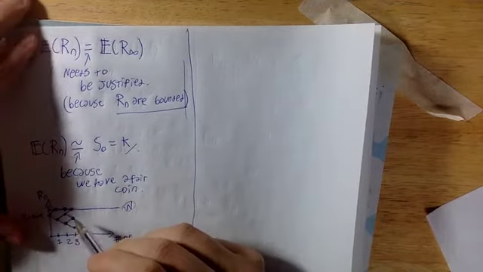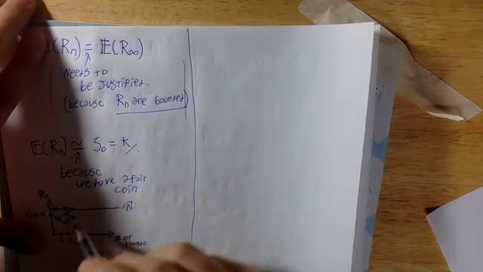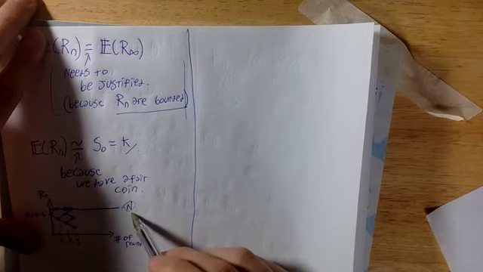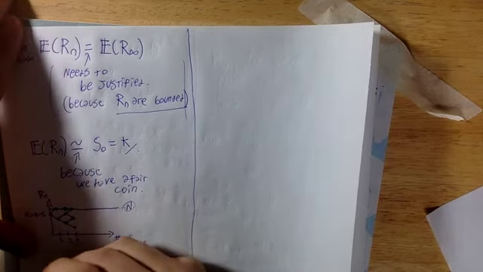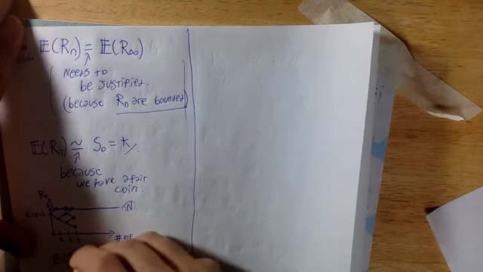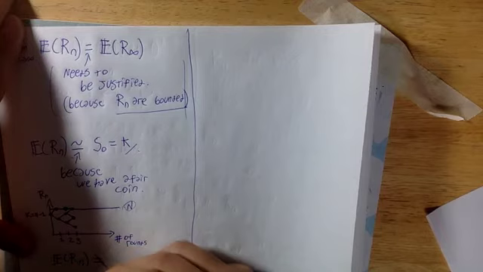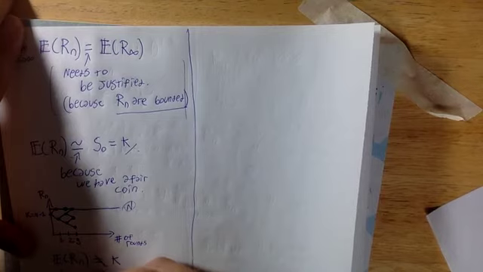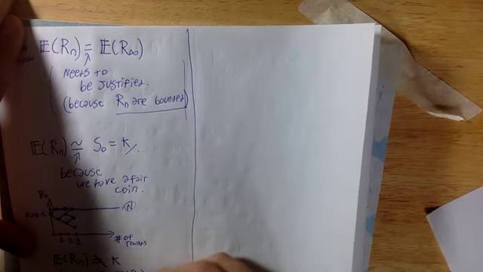So what you can check is that if you follow this procedure, then the expectation of Rn is different from k, but the limit when n goes to infinity of the expectation of Rn is actually equal to k.